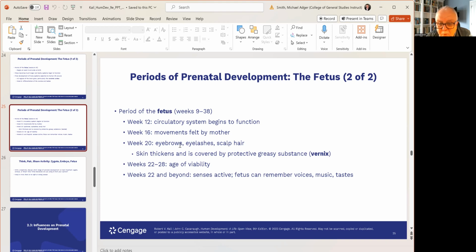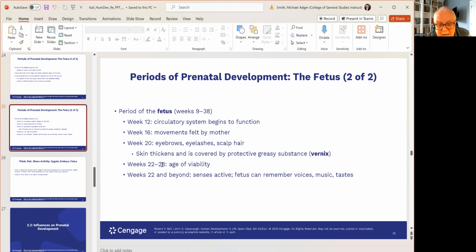At week 20, you'll start getting eyebrows, eyelashes, scalp hair. The skin thickens, covered with a protective greasy substance called the vernix, because remember, the baby's moving, and anytime there is friction, there could be the possibility of chafing, even in the womb. So that's part of that process.